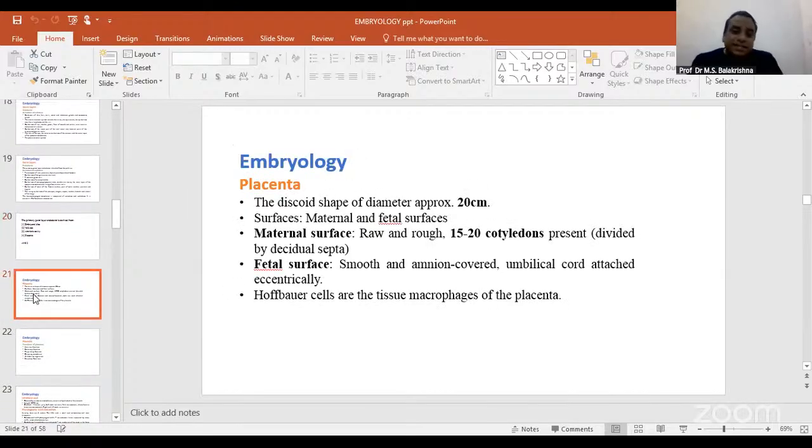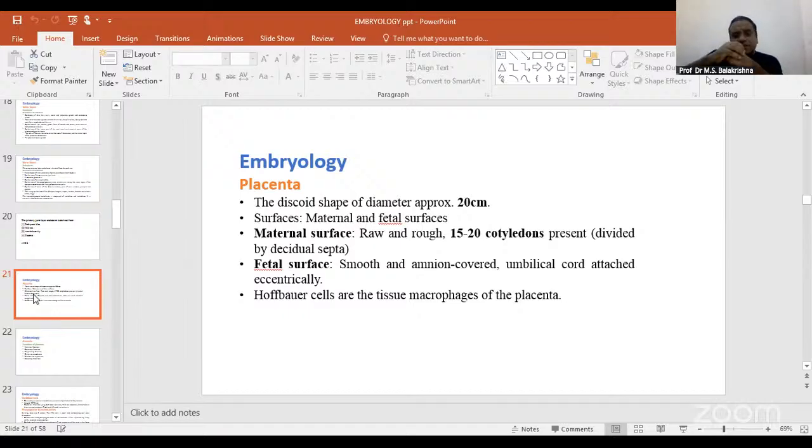Then is the placenta. What is placenta? It is discoid in shape with a diameter of 20 centimeters. So when the baby is born, the whole placenta has to be shed off. It is the maternal surface, raw and rough, in which 15 to 20 cotyledons are present. It is the structure of the mother, and it will be connecting to the child.